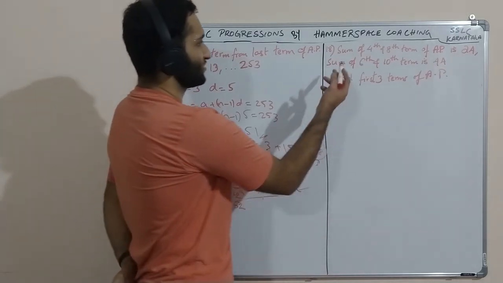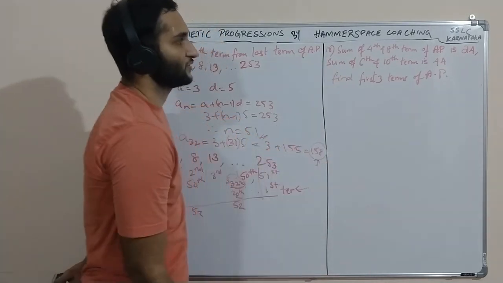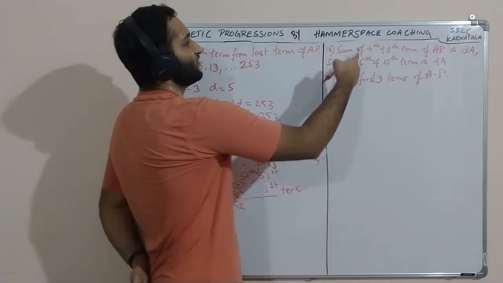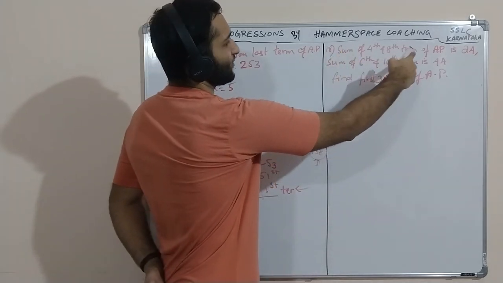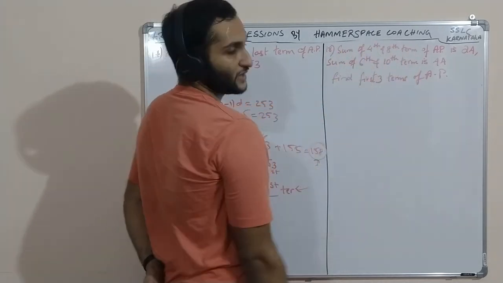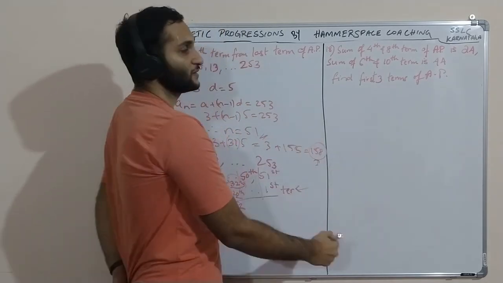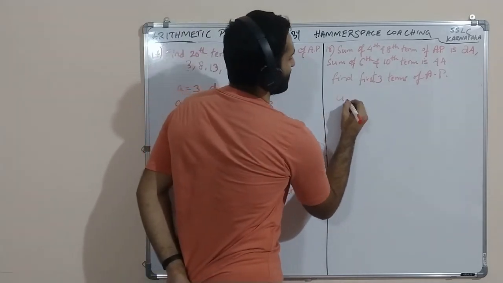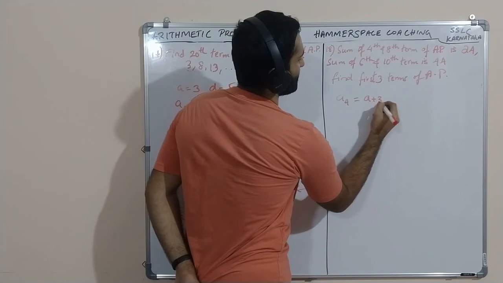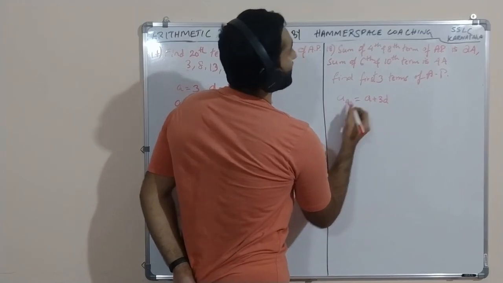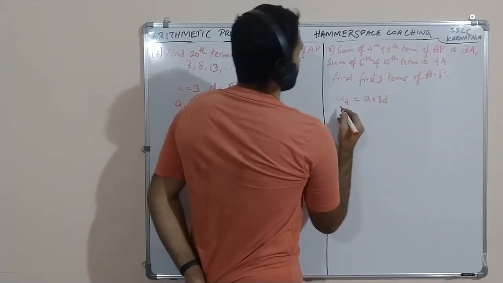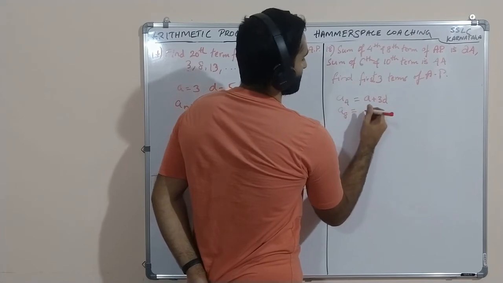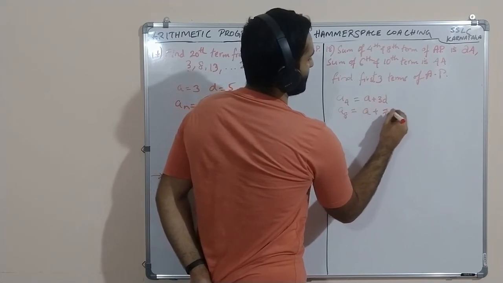Now let's go to the 18th one. The sum of the 4th term and the 8th term of an AP is 24. The 4th term A4 equals A plus 3D, and the 8th term A8 equals A plus 7D.